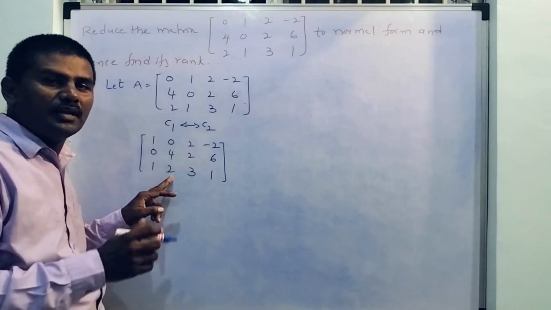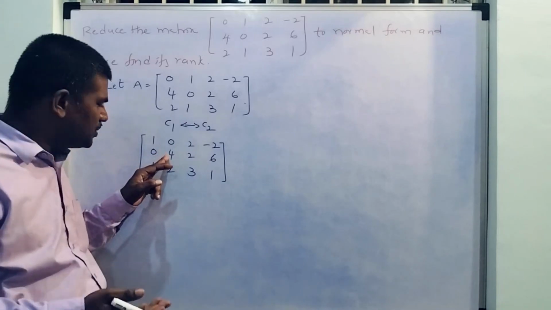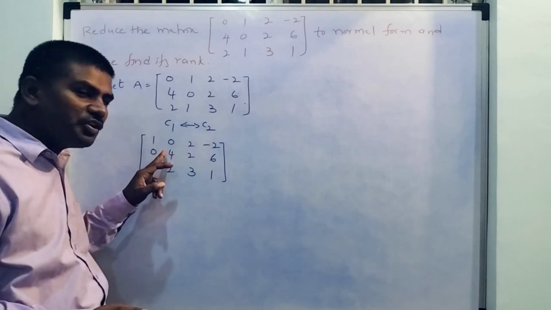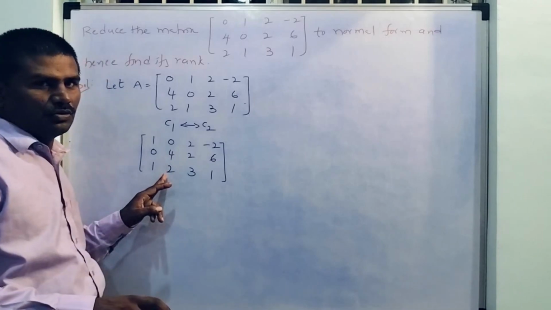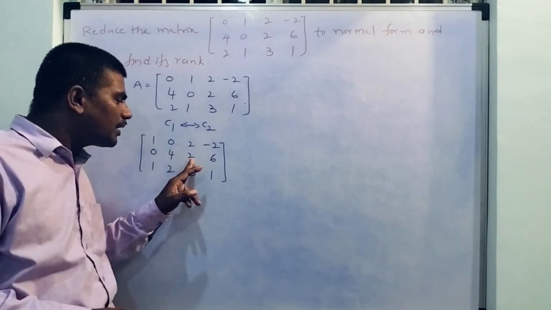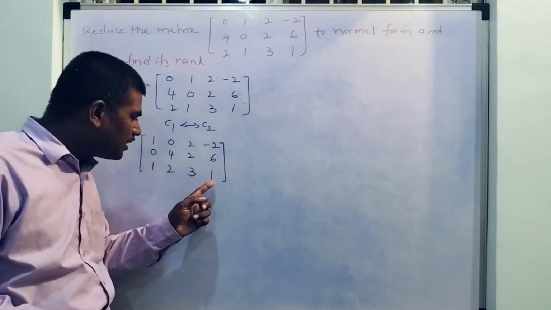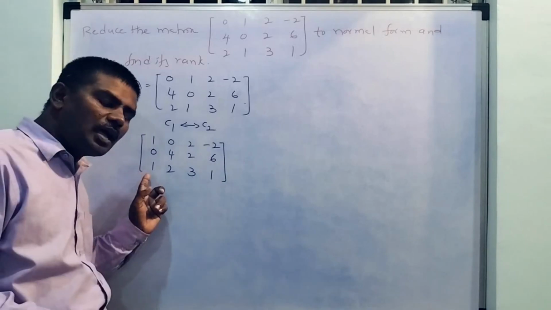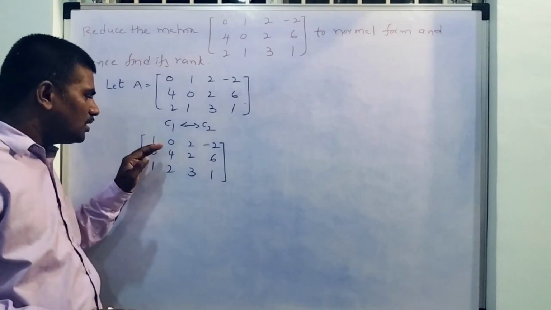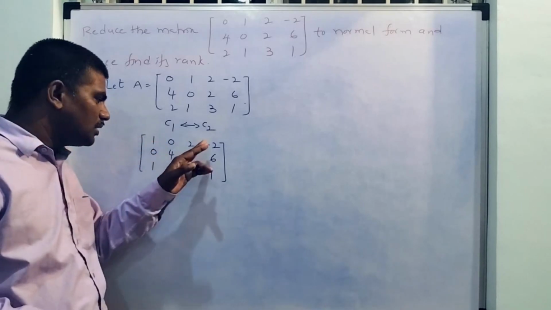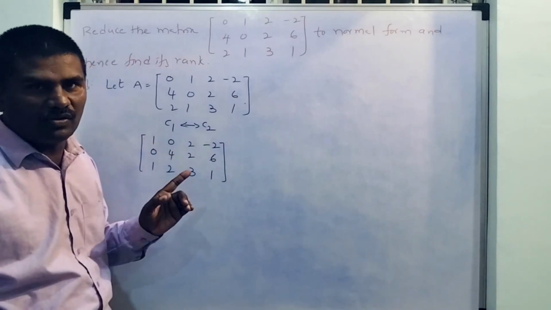In the second time you will use this element, which may be 0. If it is 0, you will interchange the rows. If it is non-zero, then use it and make this element 0, and use the same element to make these 2 elements 0. Finally, use this element and make this element 0. The last row may be completely 0 and 2 columns may be 0. If all 3 are non-zero rows, at least 1 column must be 0. Then you will get the normal form.